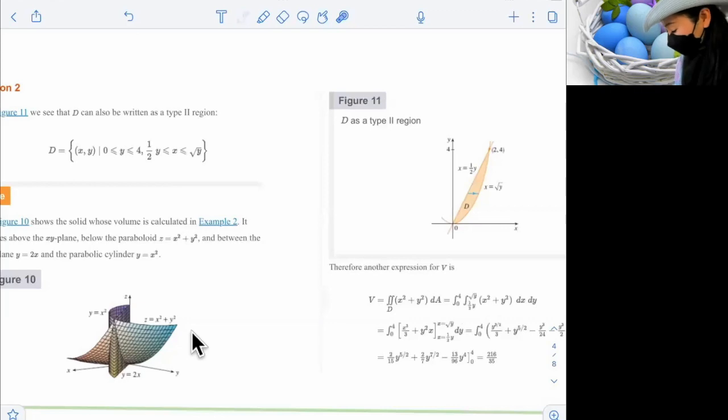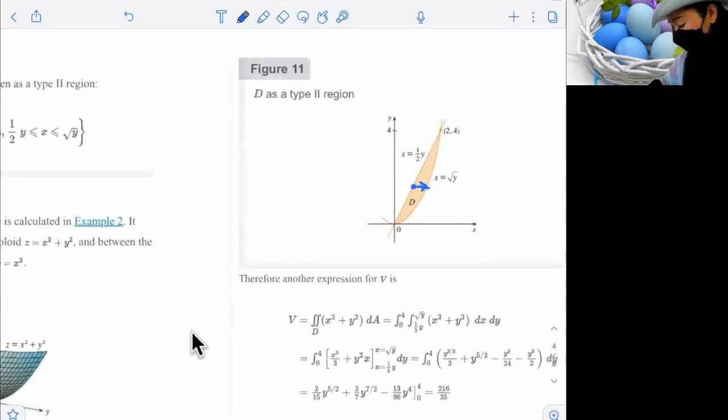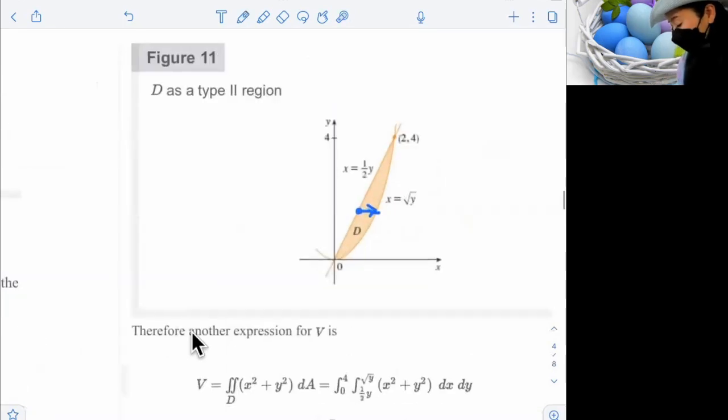You can also do it this way. Then it's going to be left and right, like this. This is the left curve, this is the right curve. So now this is going to be a type 2 region. So that region can be both type 1 and type 2, depending on how you look at it.